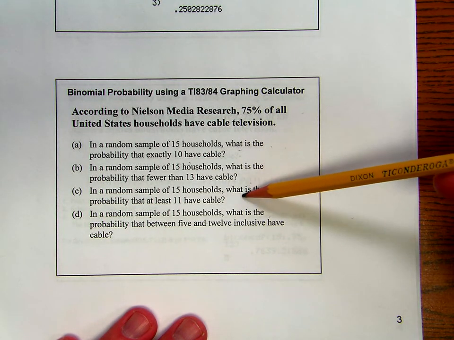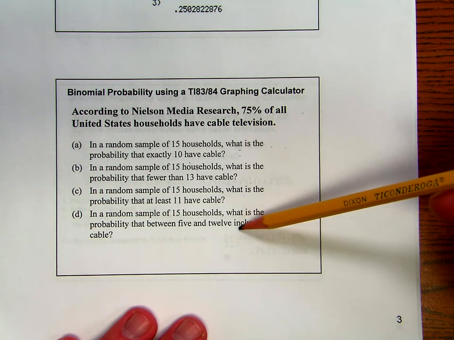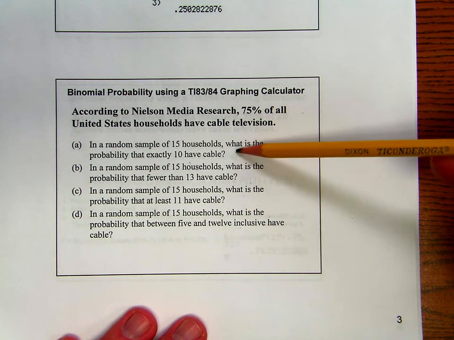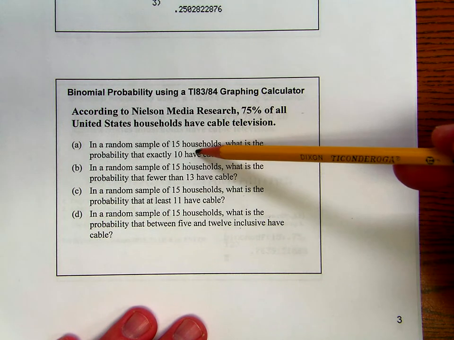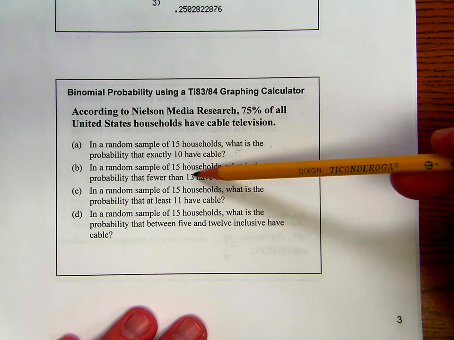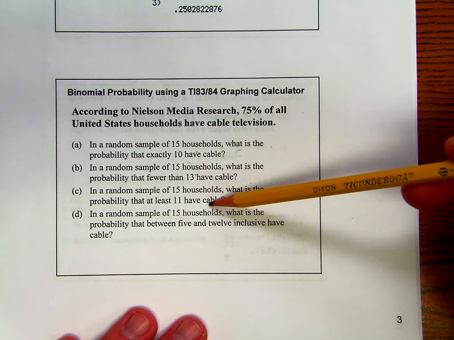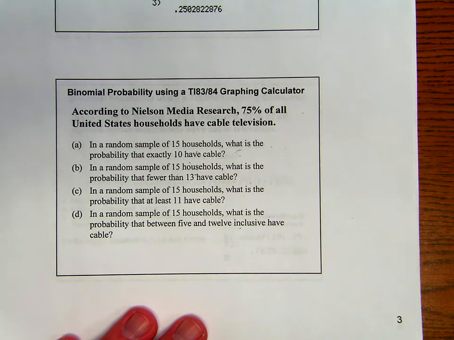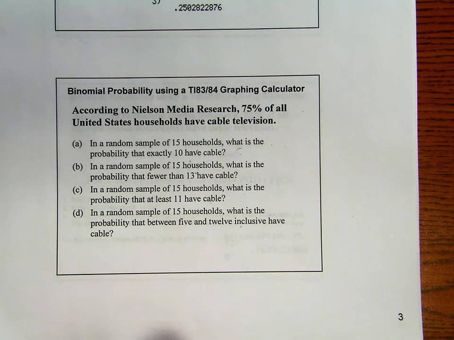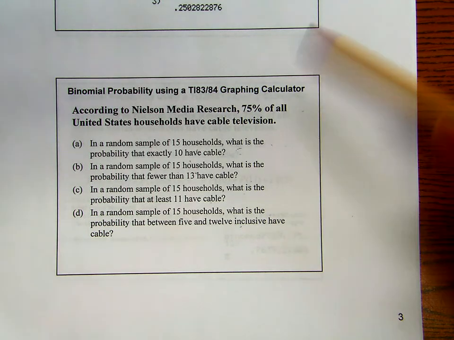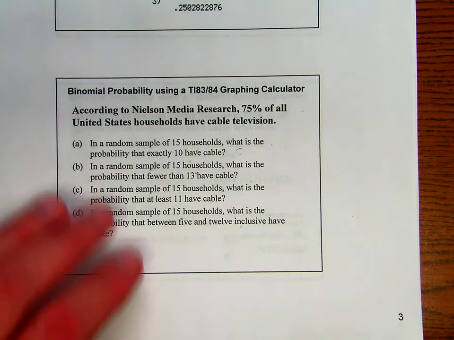At least 11, and between 5 and 12 inclusive. So this one, we're interested in exactly one particular, 10 successes. Fewer than 13 is everything from 0 to 12. At least 11 is 11 to 15. Between 5 and 12 inclusive, well, that's kind of obvious. So how do we interpret these? What are the calculator keystrokes?